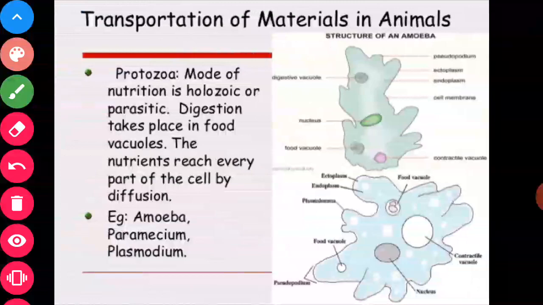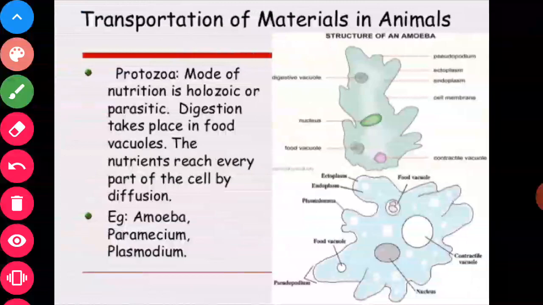Their transport system performs the task of transportation of materials in the body. They have different organs for transportation and excretion. In humans, a well-developed circulatory system and a well-developed excretory system are there to perform the function of transportation from one part of the body to the other.